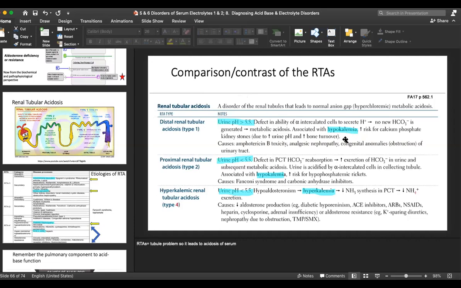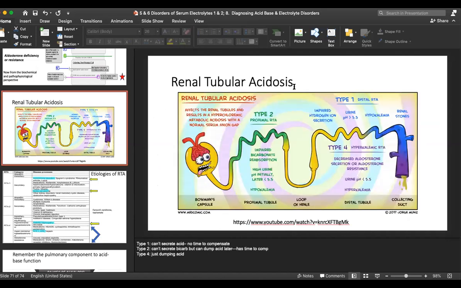In type 1 and 2, it's going to have hypokalemia. Type 4 will have hyperkalemia. Okay, this is my favorite picture. So type 1 is going to happen right near the end, right before our collecting duct.